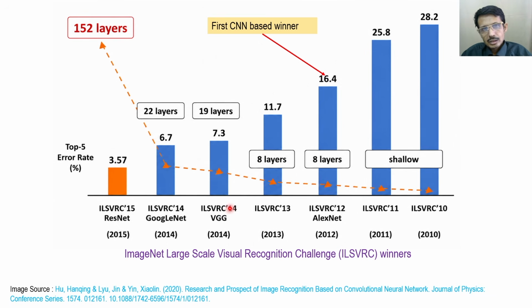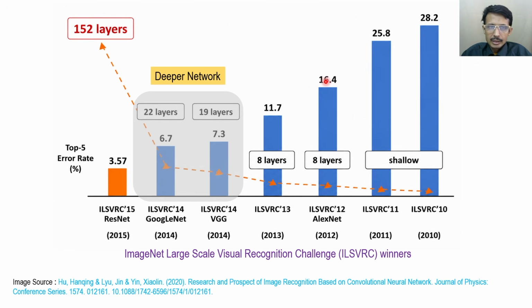So this is one of the major milestones, and you can see here also how the top 5 error is reduced, a substantial reduction from the shallow networks. Okay. And then deeper layers will come, and in the next slides we'll discuss VGGNet, GoogleNet, etc.